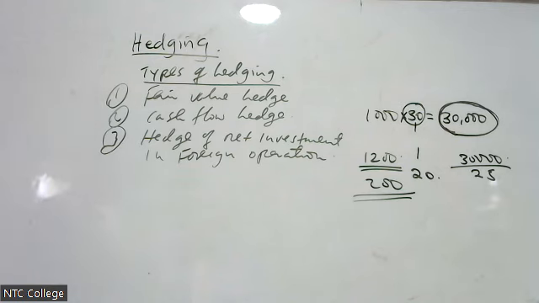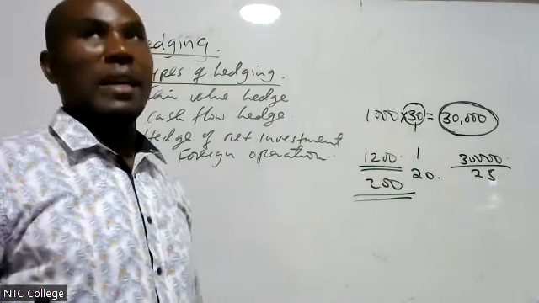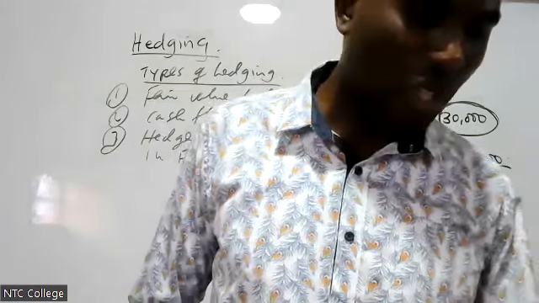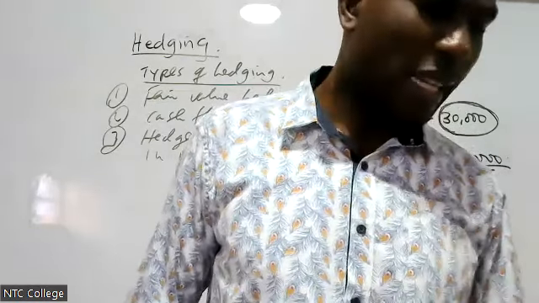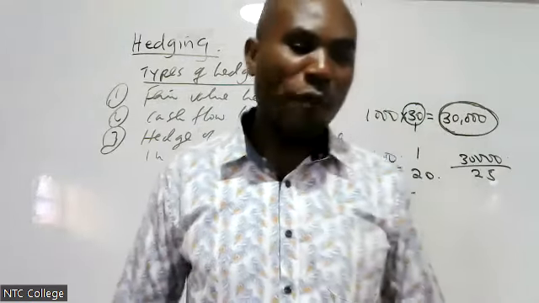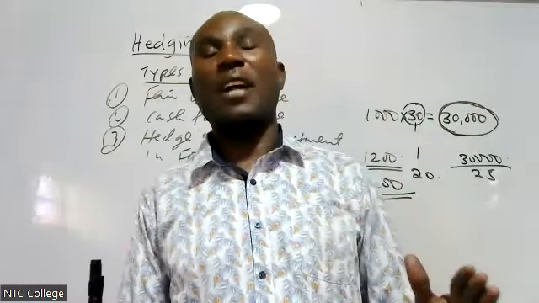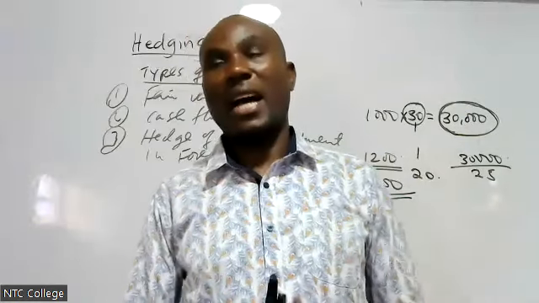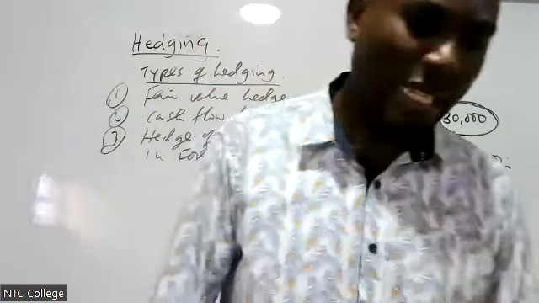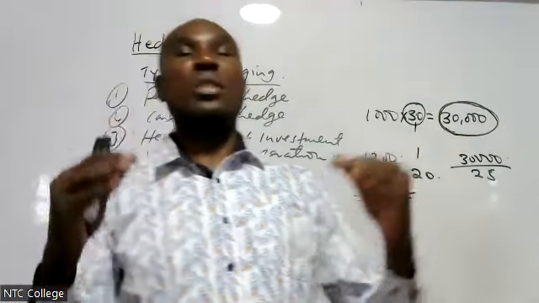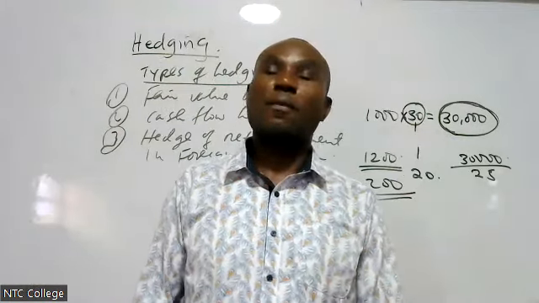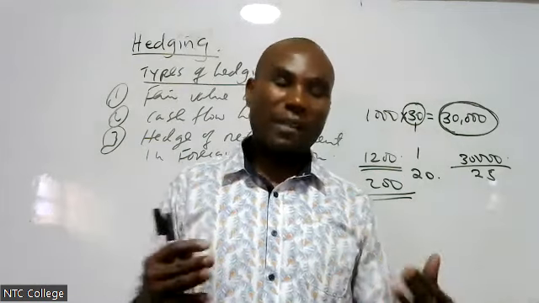Now, when we talk of fair value hedge, this is a hedge against the loss in fair value, a hedge of exposure to changes in the fair value of a designated asset. Therefore, I want to reduce the risk of changes in the fair value of my asset. Therefore, we call it fair value hedge.